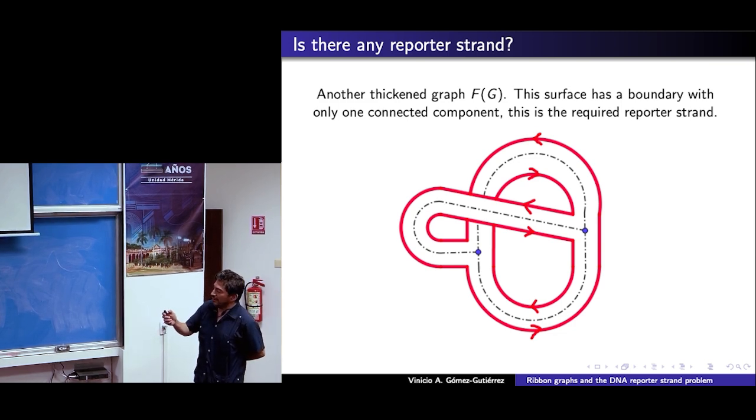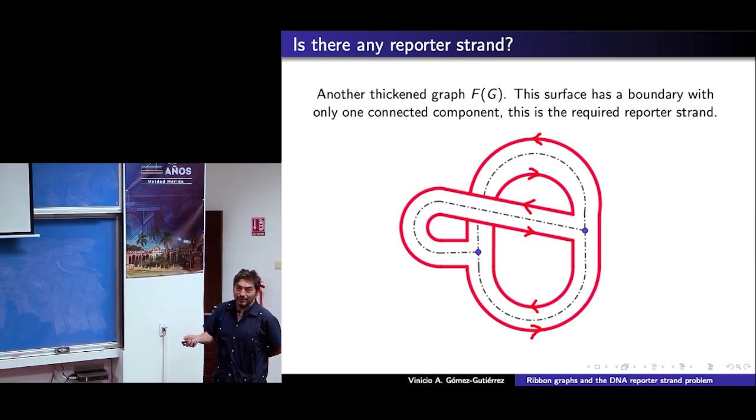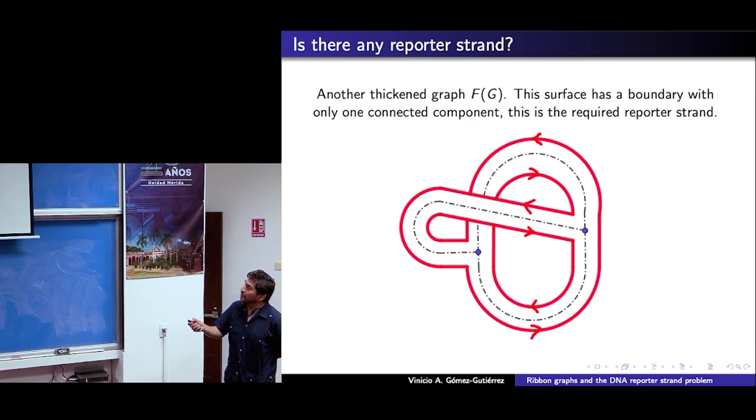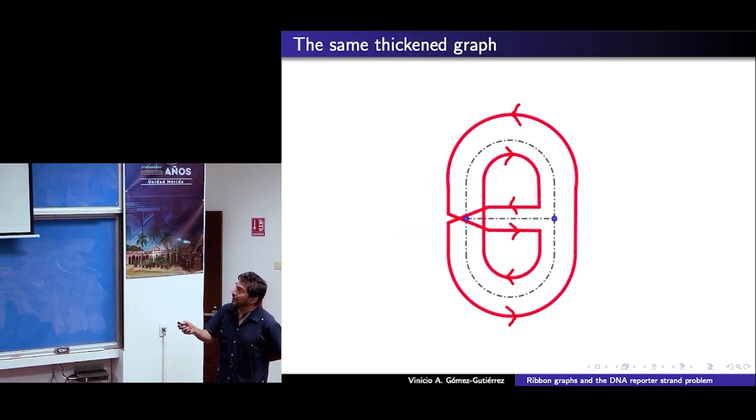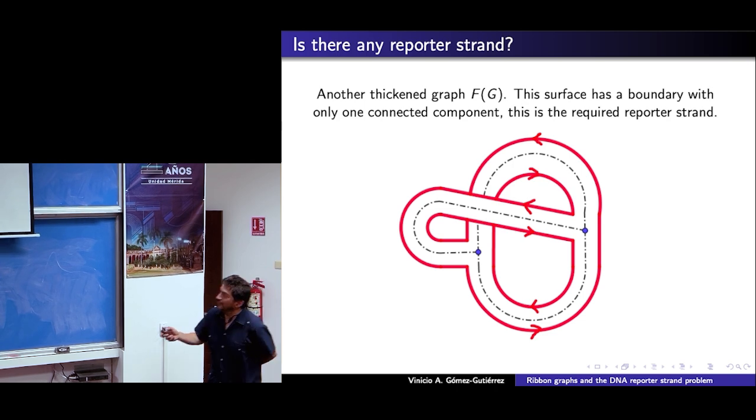In this case, there is another embedding of the same theta graph, and now we have only one strand that visits the 3 edges. This is the same thickened graph.